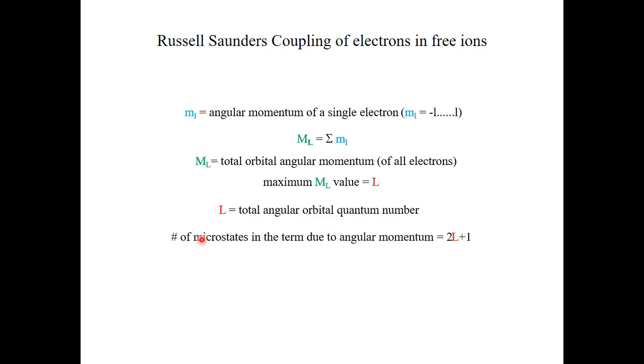The number of microstates in that particular term is given by this formula, just 2L plus 1. And that is because ML can vary between minus L and plus L.